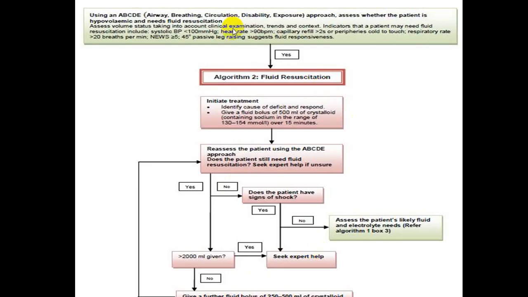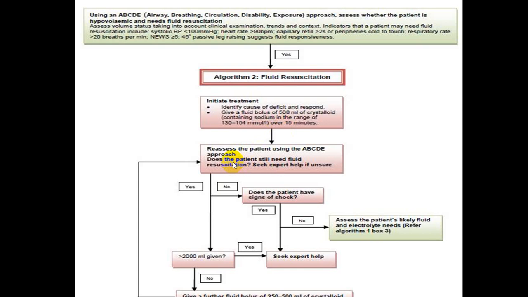Once you decide that the person requires resuscitation, assess the fluid status and give a fluid bolus of almost 500 ml of crystalloids. Most commonly utilized is normal saline over 15 minutes. Reassess again.